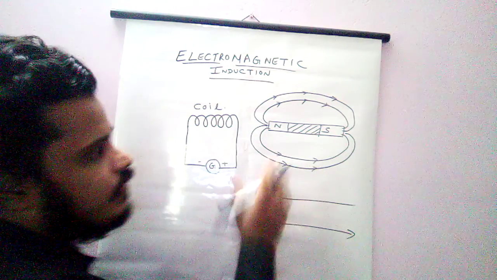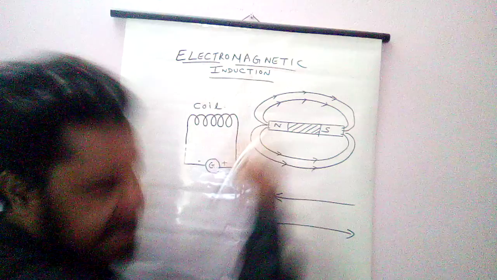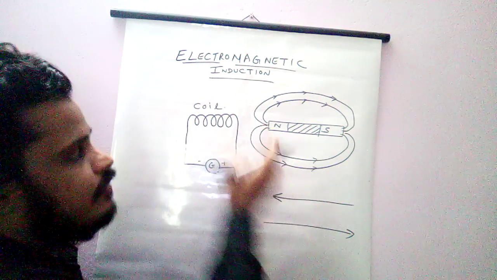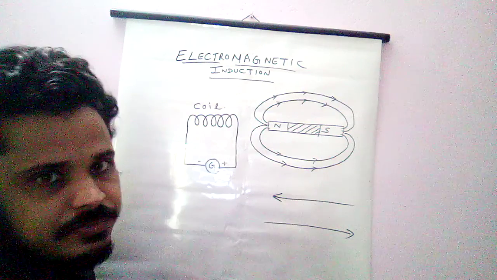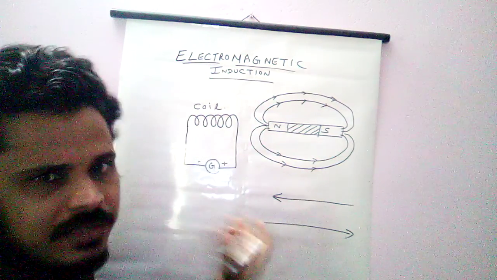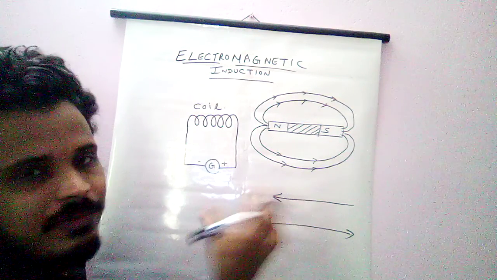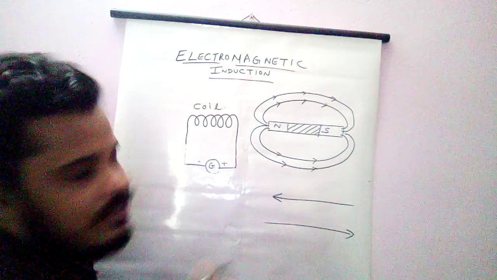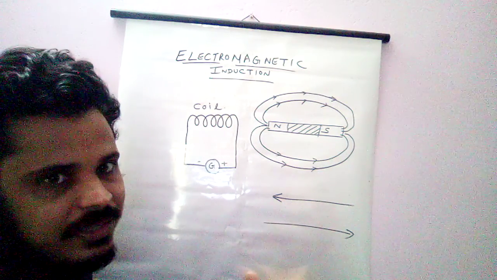So now what happens? Since the magnetic field lines linked with the coil are changing each time, it produces an EMF. This EMF is just a potential difference, or voltage difference, and as you all know, because of this potential difference the current flows.